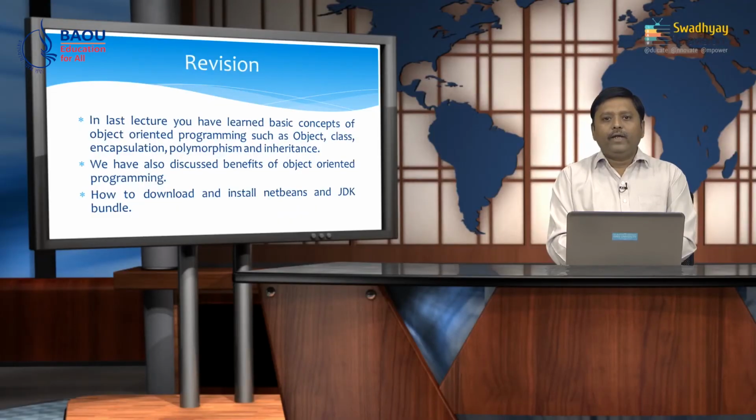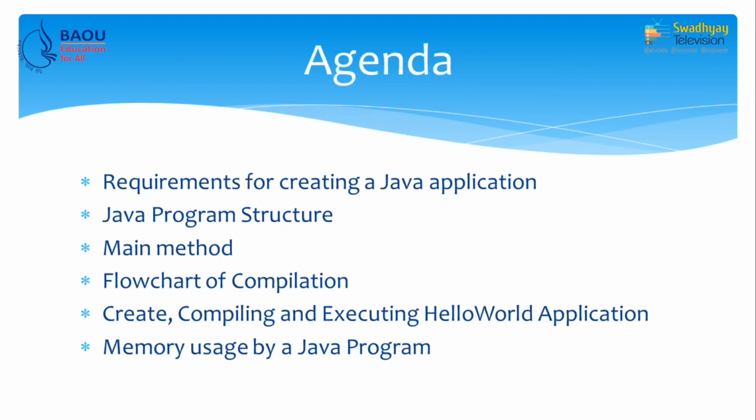And today's topic is Introduction to Programming. So, today we will learn how to write a Java program, but for that, we discuss the requirements for creating a Java application. Then we discuss Java program structure. One of the important parts of a Java program is the main method.